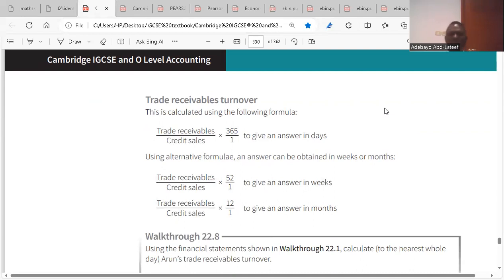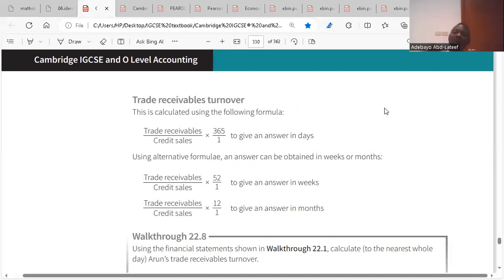So we go to trade receivable turnover. We're talking about our credit customers, the turnover of our credit customers. So how do you calculate it? It is trade receivable divided by credit sales multiplied by 365. There are things you have to know there. They are easy, right?